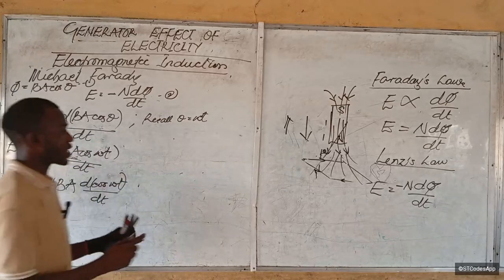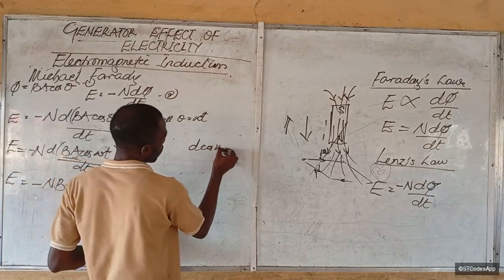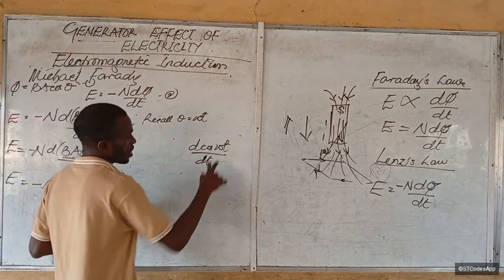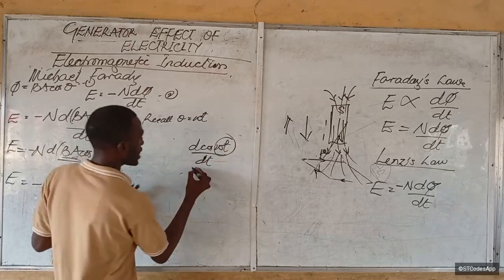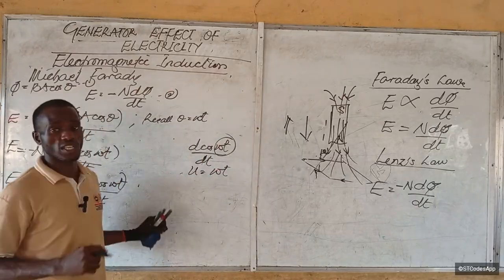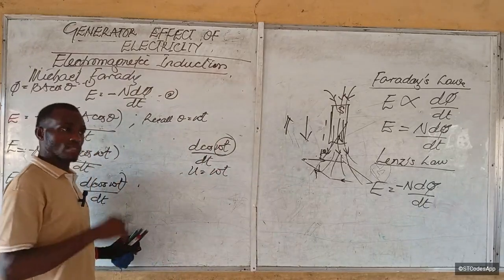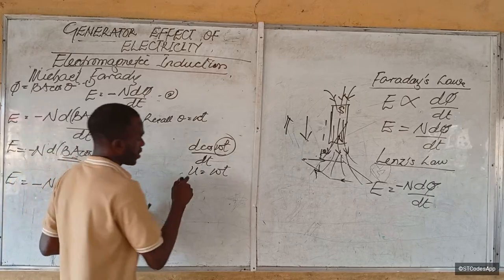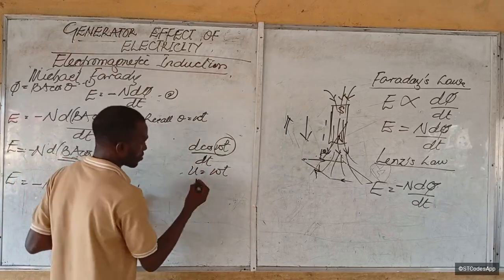Okay, so let's differentiate cos ωt with respect to t. By the time you differentiate this, let's make u equal ωt. If you don't understand the concept of differentiation, do watch one of my videos on this concept. So you differentiate this with respect to t.